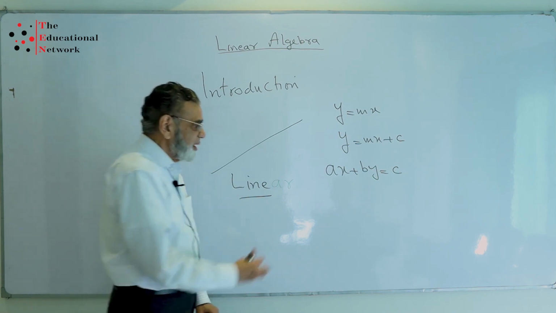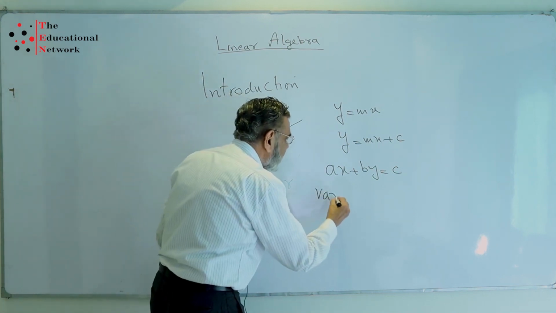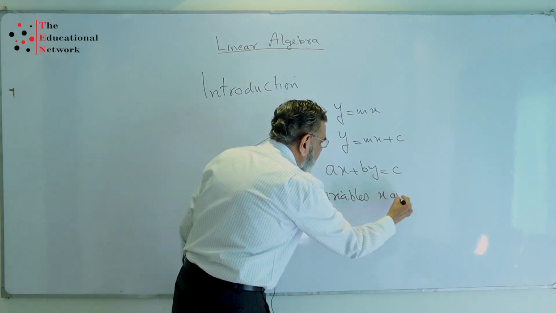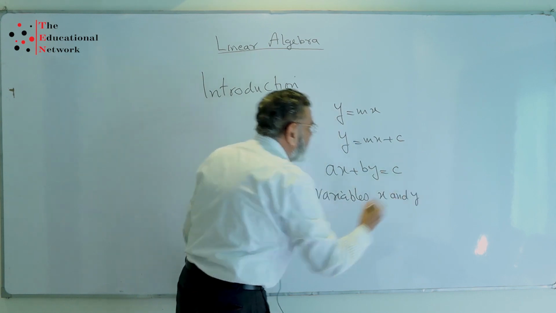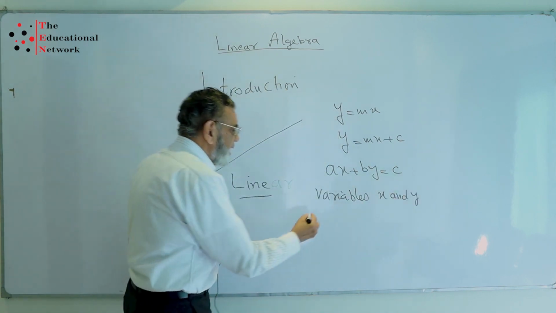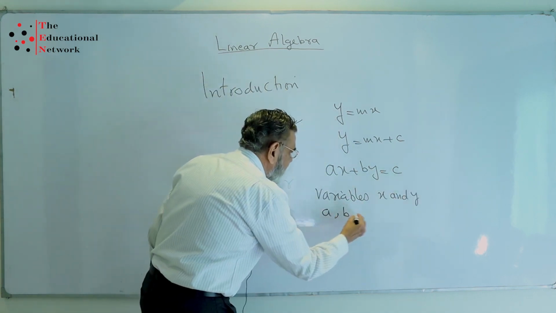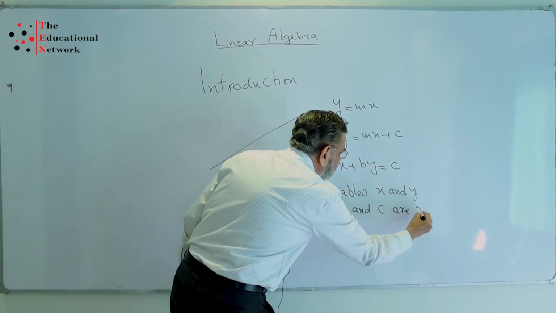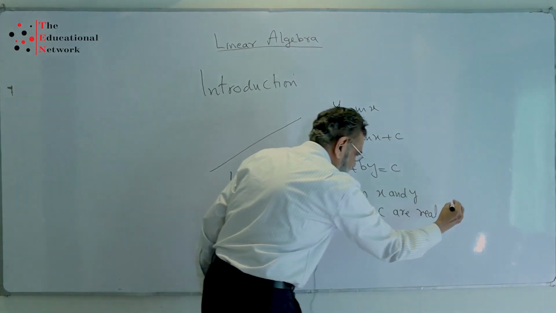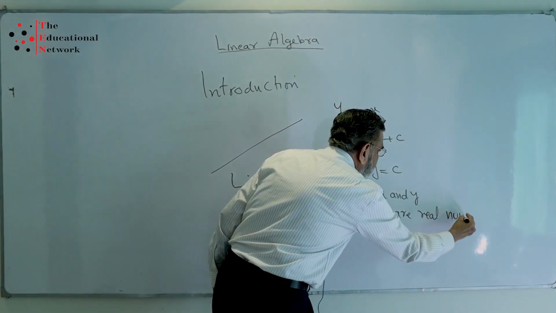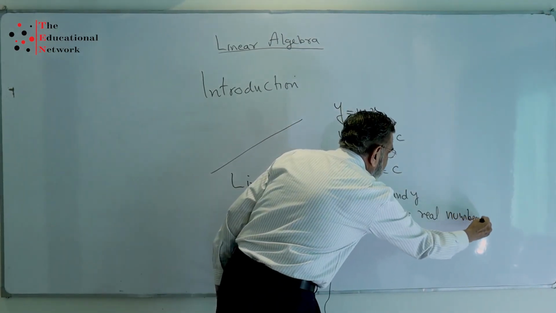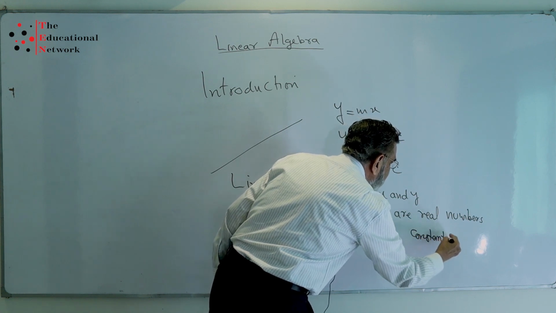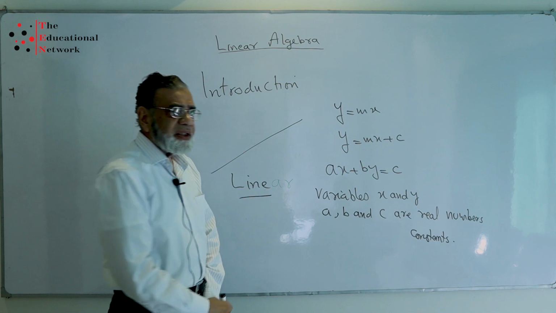I have two variables here, the variables are x and y. What about a, b, and c? We say a, b, and c are constants, real numbers. So there must be some difference between a, b, and c.